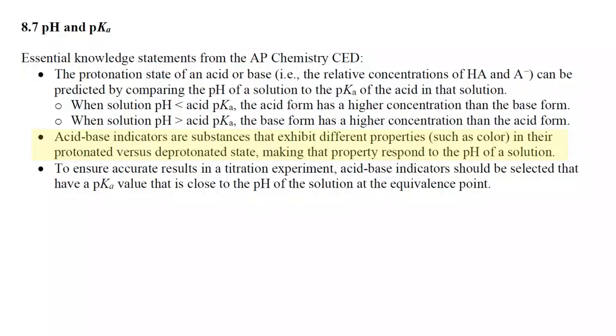Acid-base indicators are substances that exhibit different properties, such as color, in their protonated versus deprotonated state, making that property respond to the pH of a solution. And to ensure accurate results in a titration experiment, acid-base indicators should be selected that have a pKa value that is close to the pH of the solution at the equivalence point.